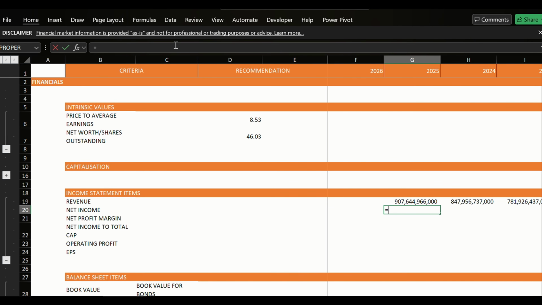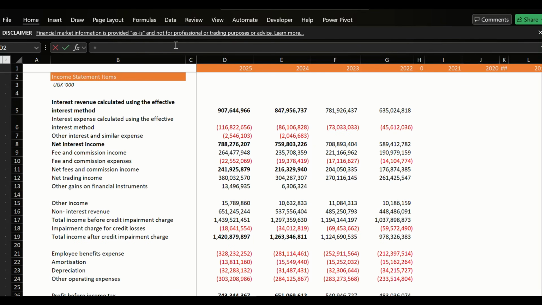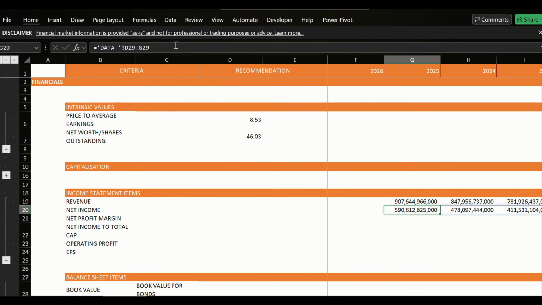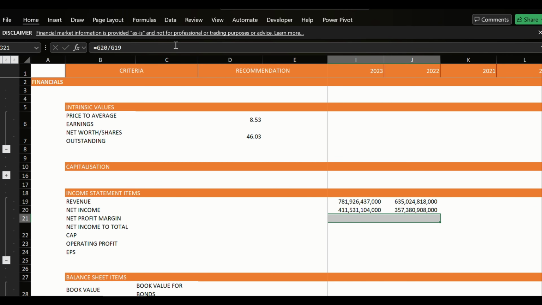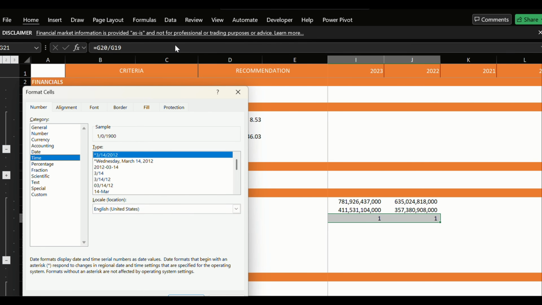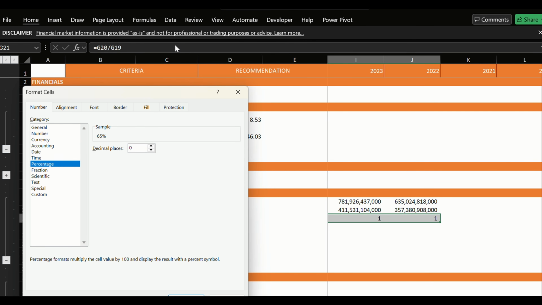The net income, we can go to shareholders, the net profit margin, just go about this. Tab, okay, shift tab, have to make it a percentage.